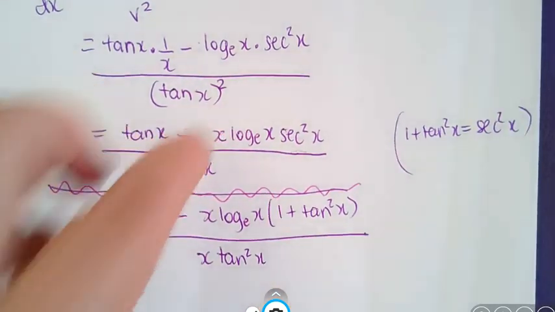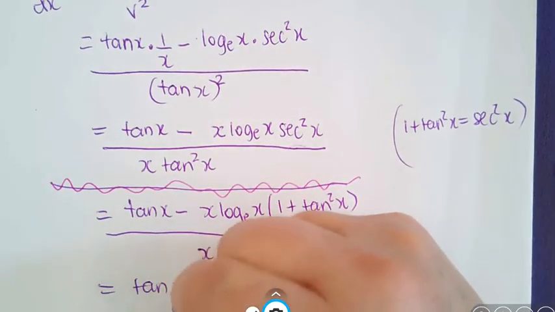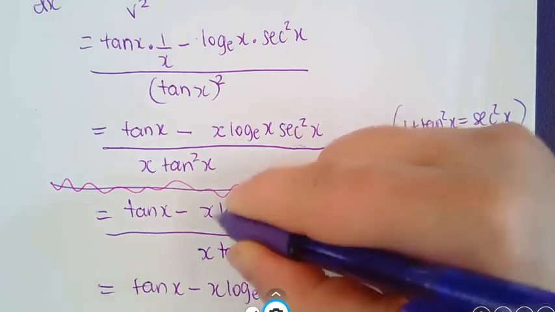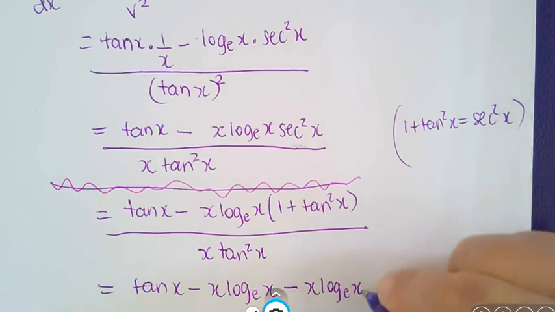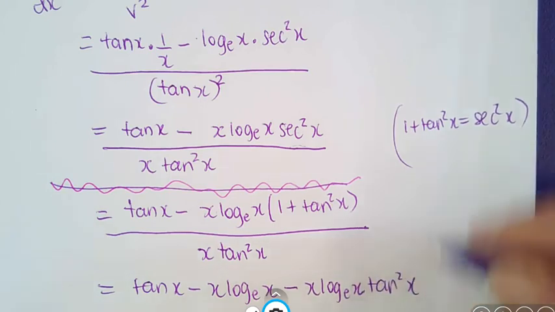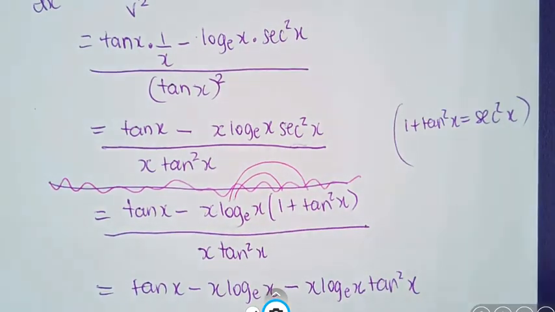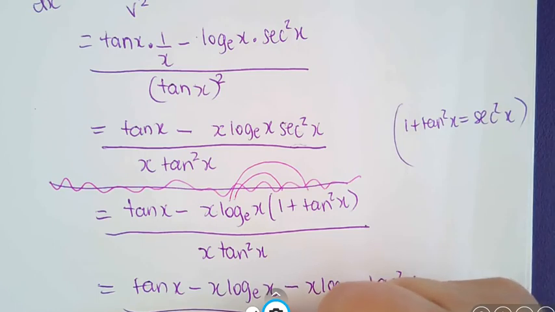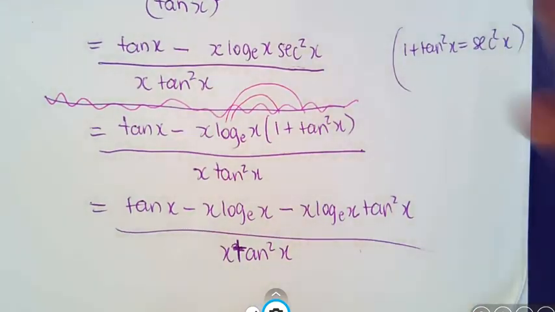So from there, if I decided to expand, I would get minus x log to the base e of x, and expanding, minus x log to the base e of x tan squared x, because that times that and that times that. So there's no point me doing this.